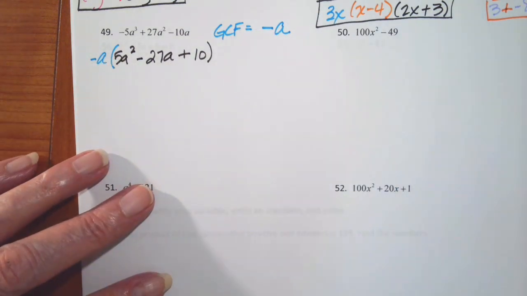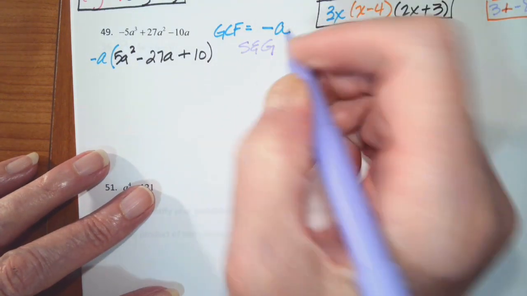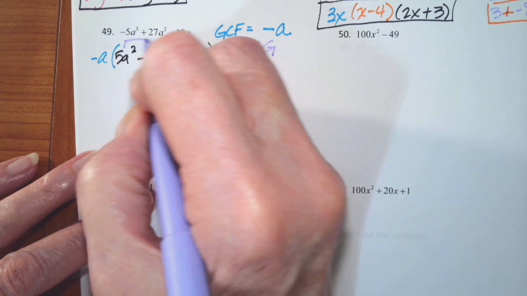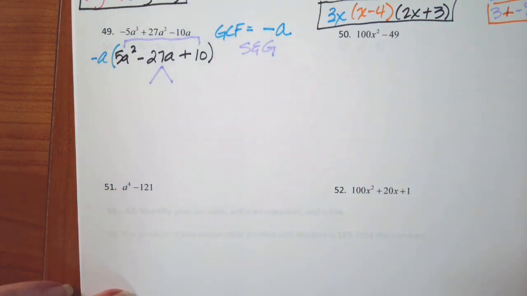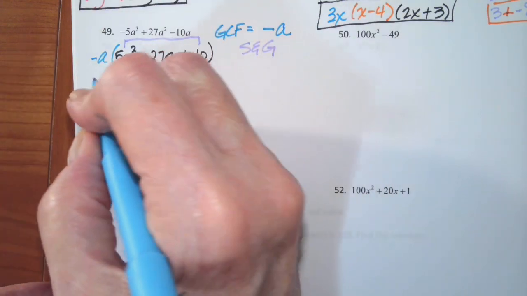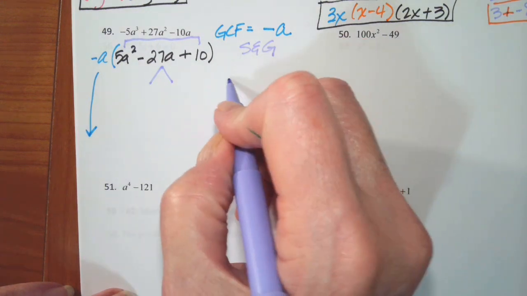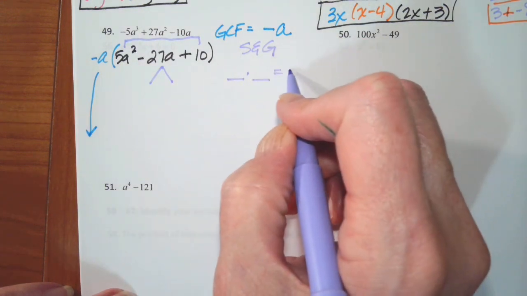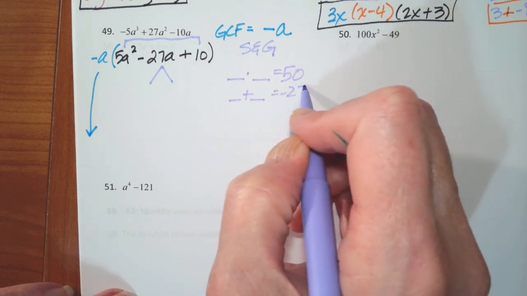Still have a leading coefficient other than 1, so I'm going to have to do my split and group. So I'm going to multiply these and use those numbers to split it out, and I just remember that my negative a is included in my answer. Okay, so I'm looking for two numbers whose product is 50 and whose sum is negative 27.